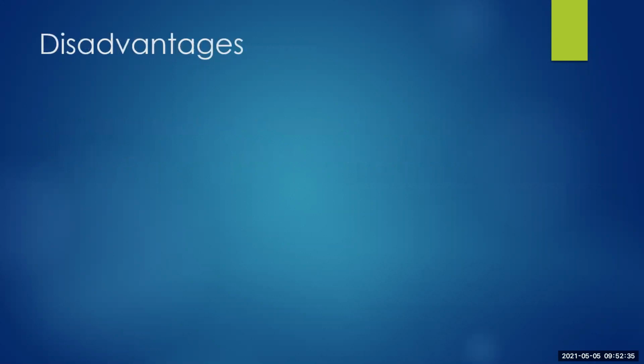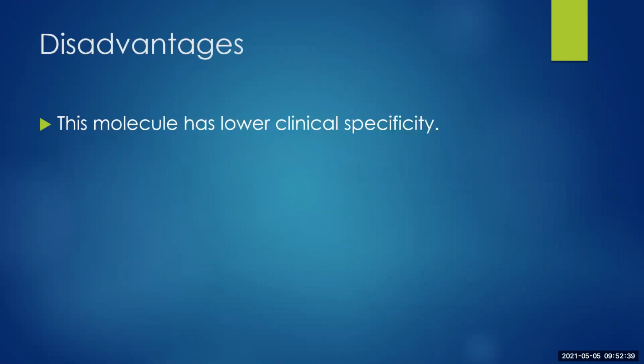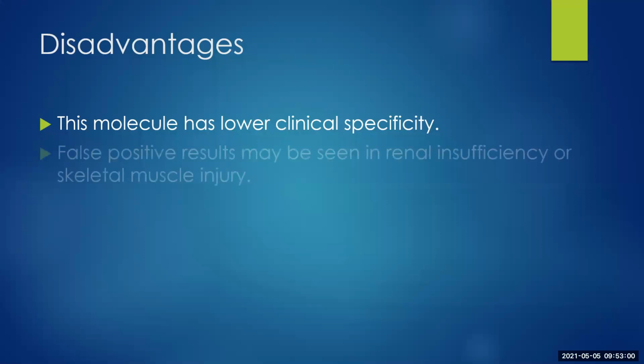But it has certain disadvantages. This molecule has low clinical specificity. As we told, it's not very specific because of its distribution throughout the striated muscles. Cardiac muscles, compared in quantity, are less than skeletal muscles. So it's clinically lowly specific compared to other biomarkers.